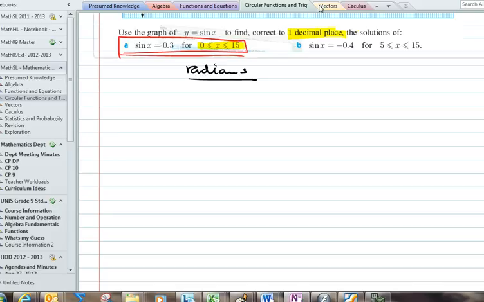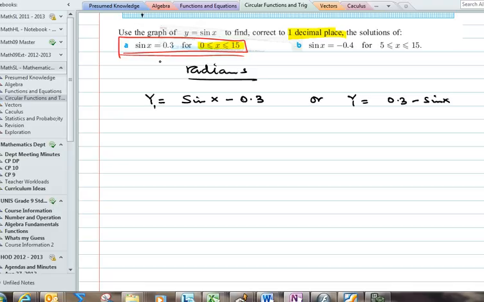So what I would like to do here is first establish what graph you are going to plot, and that will be the graph of sine x minus 0.3. That or the graph of y equals 0.3 minus sine x would give the same result.